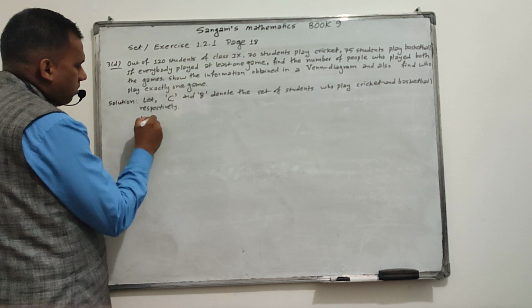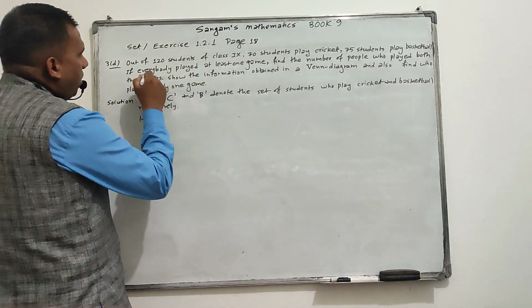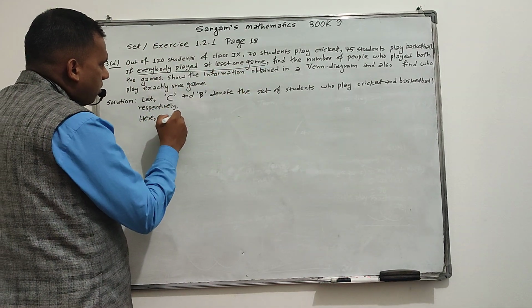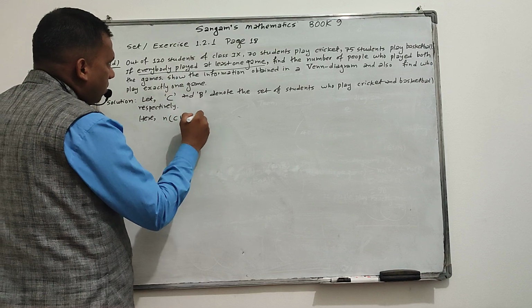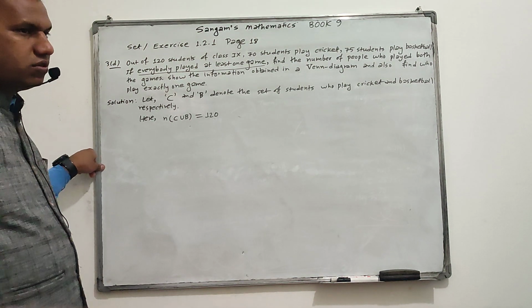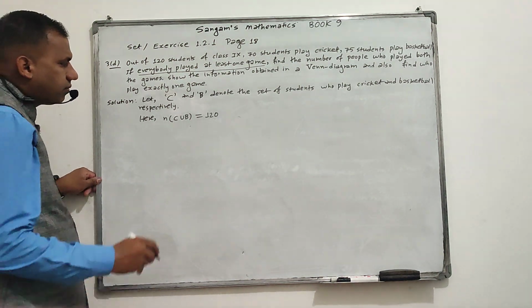Here everybody played at least one game, so number of C union B equal to 120. There is no complement data, so no need of U.